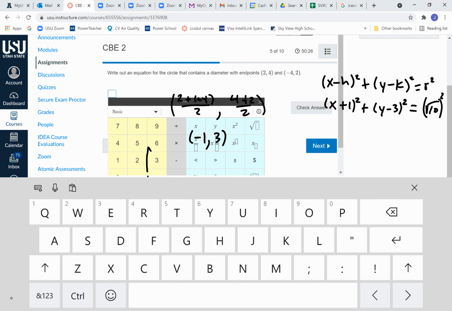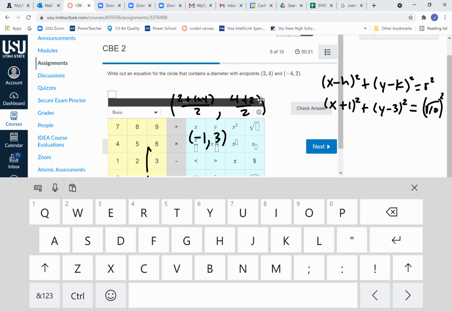let's put this in here. I'm actually going to erase some of this so it's out of my way. Maybe it won't let me. That's fine.